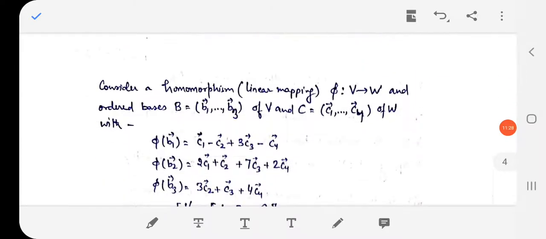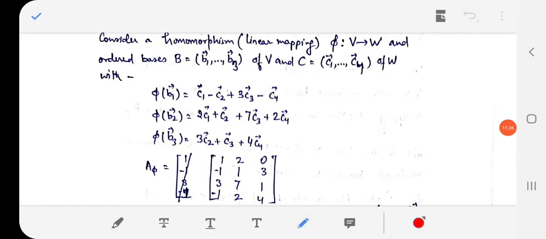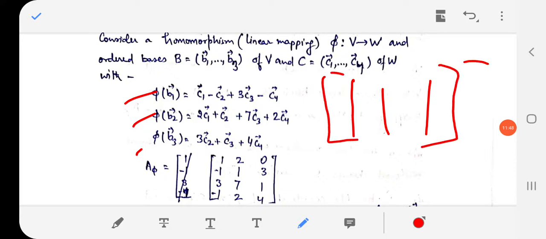So there is one small question which we can see here. So we have certain phi b1, phi b2, phi b3. So we have to arrange these things in columns. Something like this you have to write, and then x hat should come here.